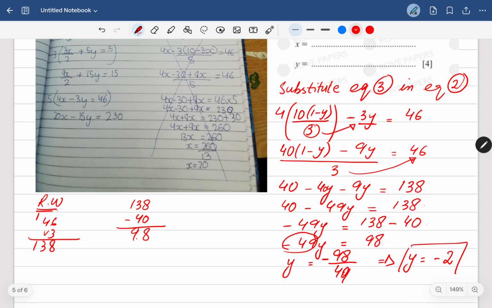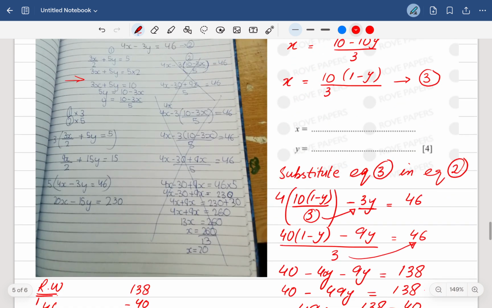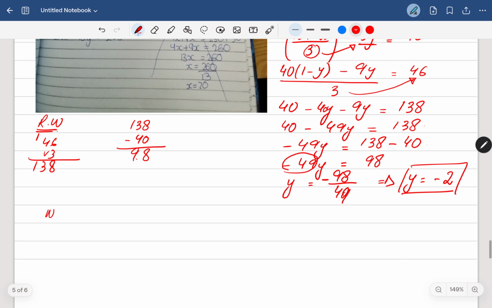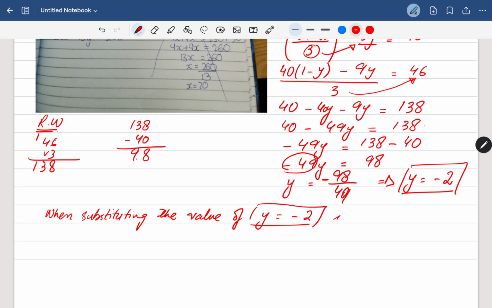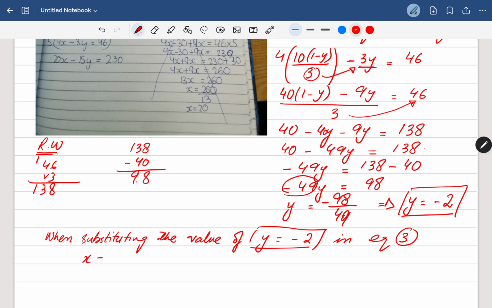So when you got the value of y, which is minus 2, you can put it in equation 3. So when substituting the value of y equals negative 2 in equation 3, what will we get? We will get x equals 10, 1 minus from the formula, and then you can write minus 2 here.